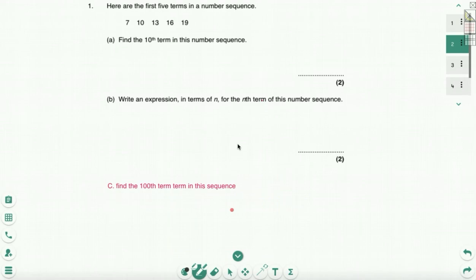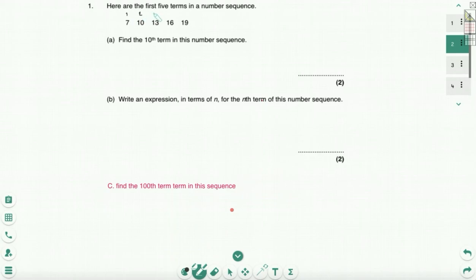All right, guys, let's look at some common past paper questions. So here are the first 5 terms of a number sequence: 7, 10, 13, 16, 19. Find the 10th term in this sequence. Well, let's have a look. So far we have the first 5 terms.